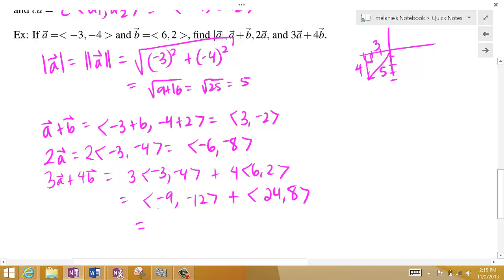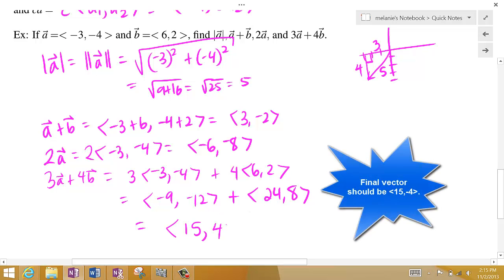And then combining -9 plus 24, that's 15, and -12 plus 8 is -4.